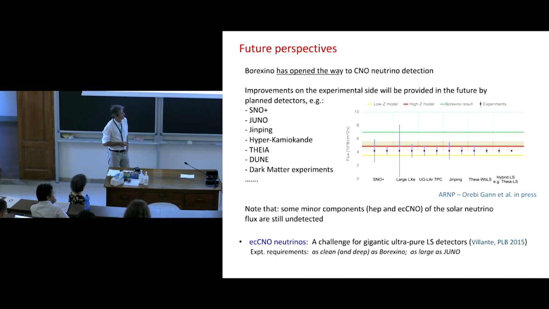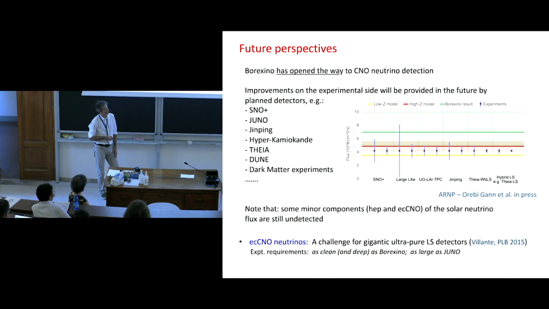In this context, let me say that there are some minor components of the solar neutrino flux which are still undetected, and some of them may be addressed by future experiments, like in particular the HEP neutrino and the electron capture CNO neutrino, the neutrino produced by electron capture reaction in the CNO cycle, which in my opinion are very interesting because they encode essentially the same information as conventional CNO neutrinos on the chemical composition of the sun.